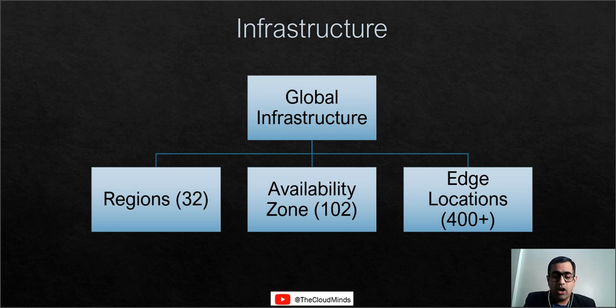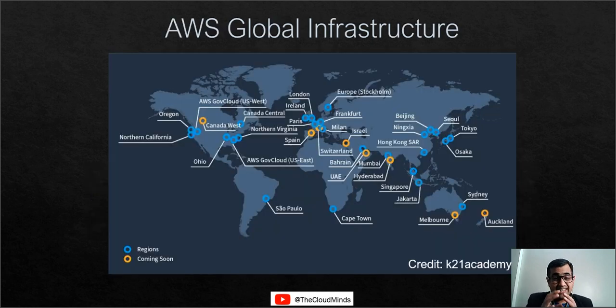All right, now let's move ahead. If you see, this is the global infrastructure that we were talking about. If you put it on a map, these are all the locations, the regions, and the regions that already exist are depicted in blue, and the upcoming regions are depicted in yellow. Now, as we speak, this is 3rd of January 2024.